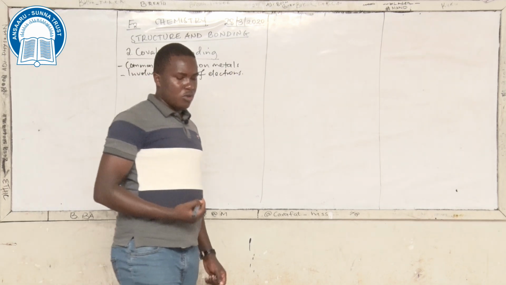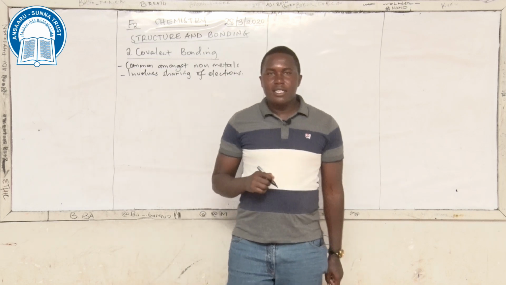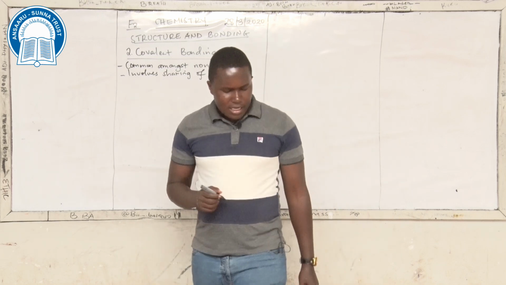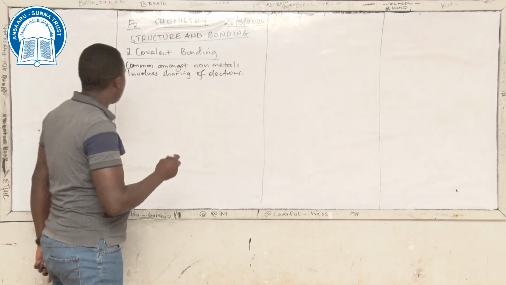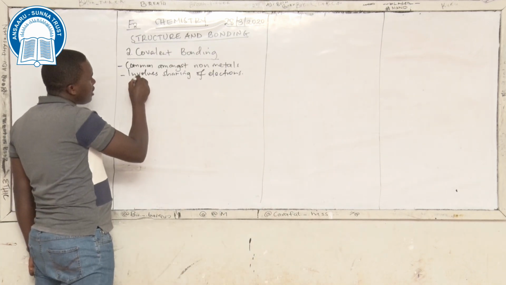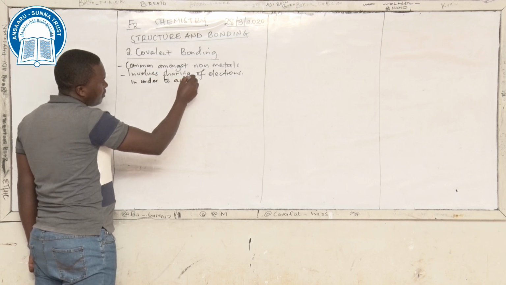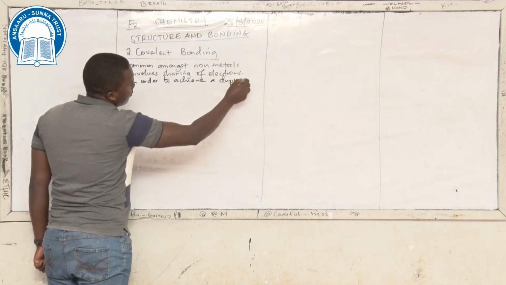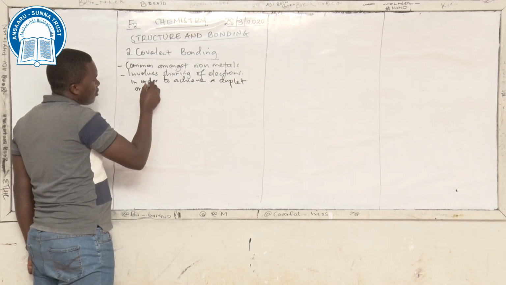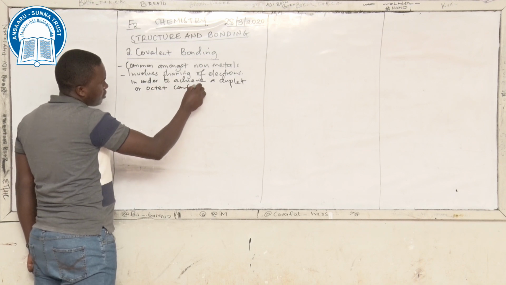They do so to ensure that their outermost energy level has a stable electron configuration. So this is done in order to achieve a duplet or octet configuration.